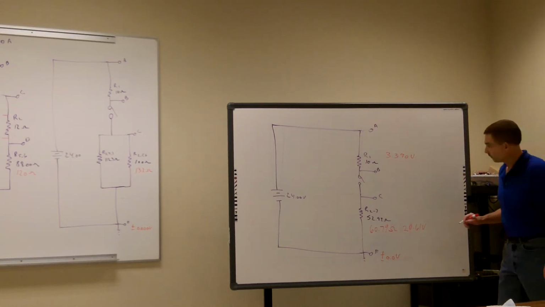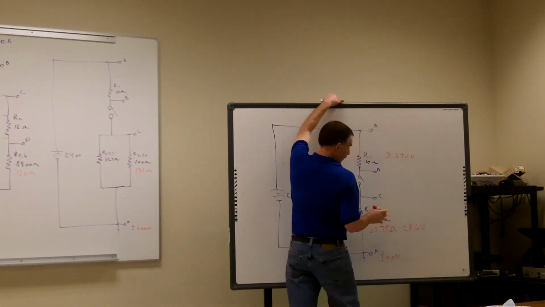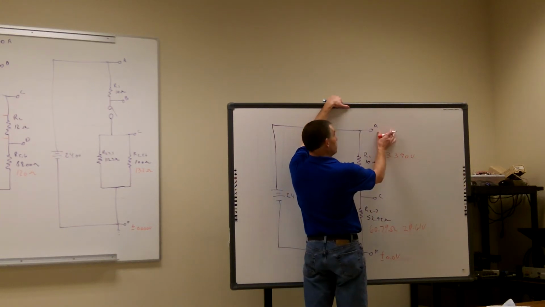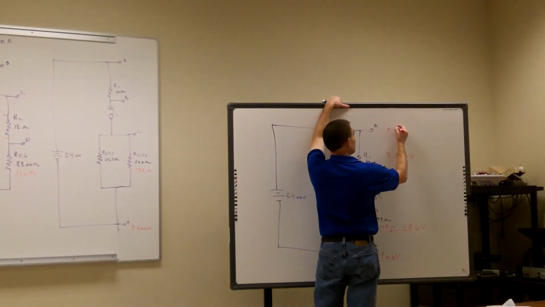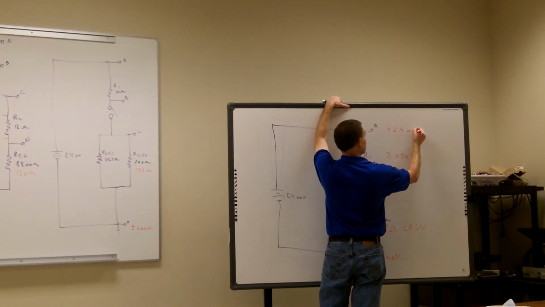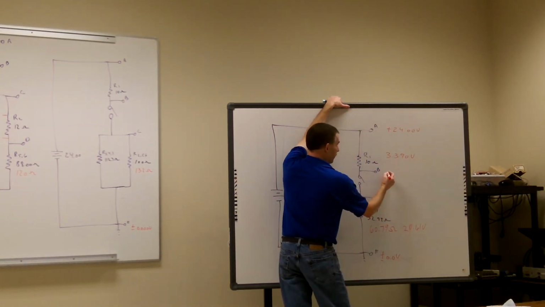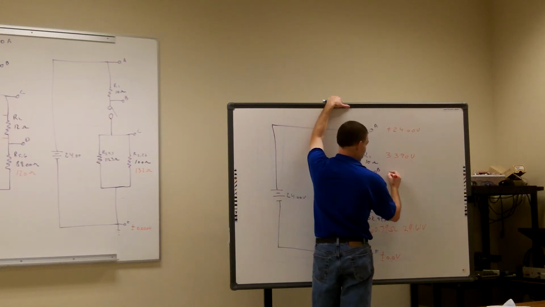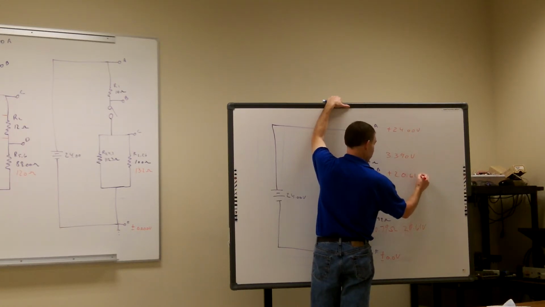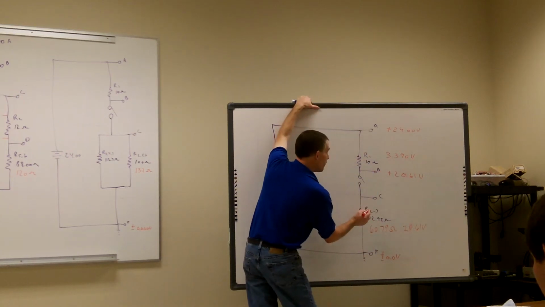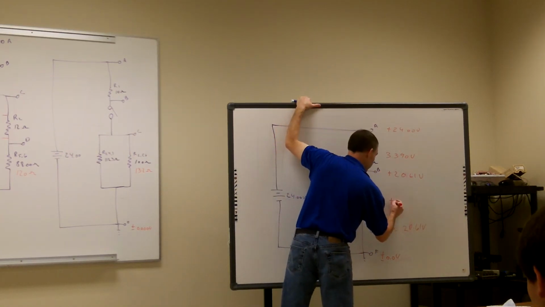All right. So what's my voltage at test point A then? 24 volts, plus 24 volts. And then test point B, plus 20.61. All right, and get this one right.